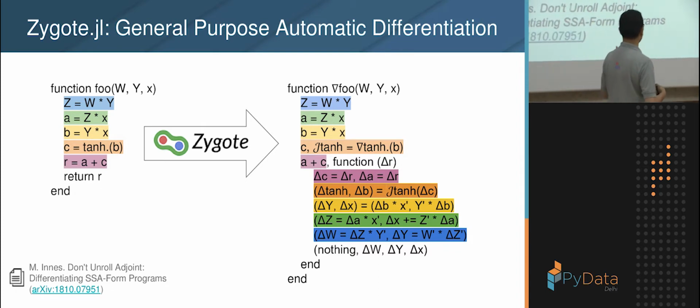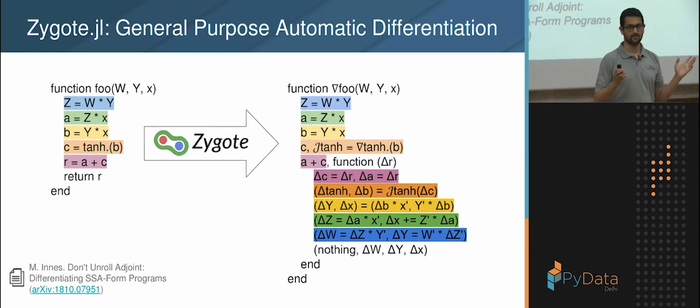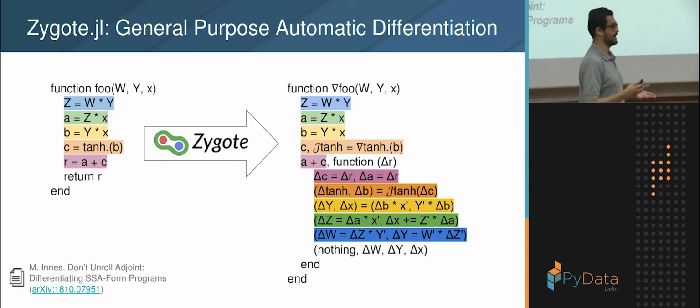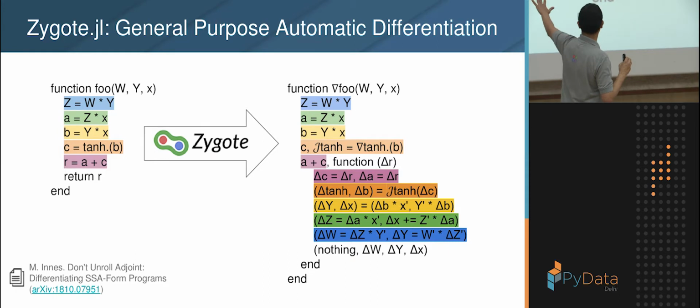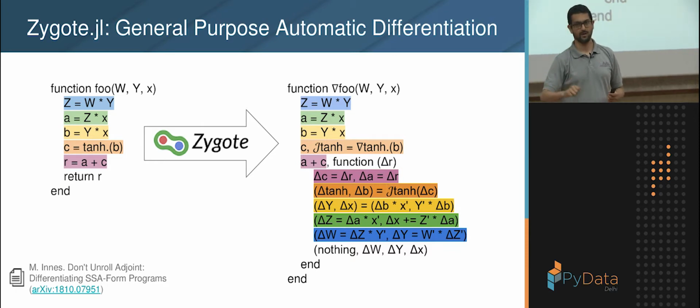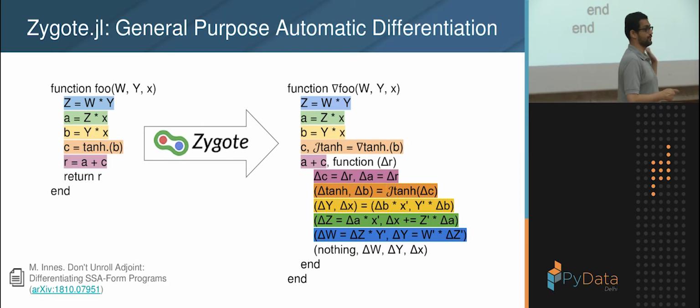But at the end of the day, what's happening under the hood? We have a function foo here that is just doing some multiplication operations, a tanh and a plus, nothing complex. But if you want to calculate the derivative of this program automatically, right? As a human, if I gave you that program, you could have written down those derivatives on your own. You could have just written down on pen and paper, gone line by line and done it. The same thing can be done by the computer by doing source-to-source transformation.